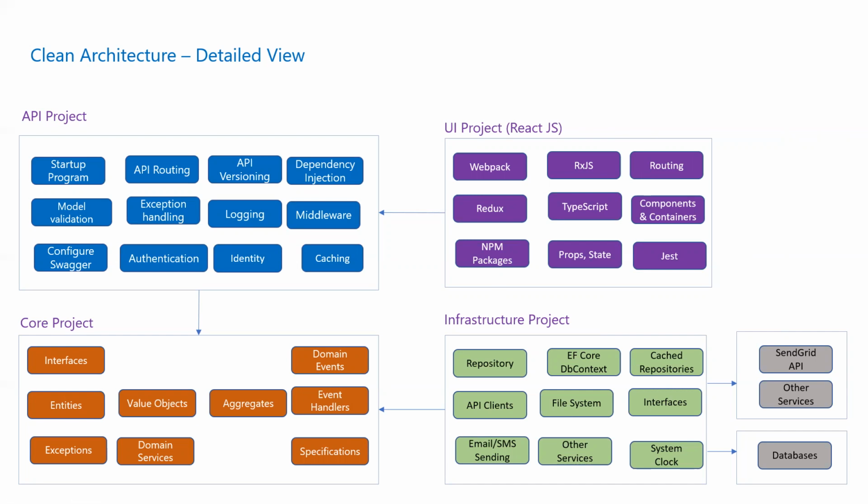Redux for the state management, TypeScript to make sure we strictly follow the type notations, and the components and container part for managing the hierarchy of my layout, and all the external npm packages installed on the UI project, props and states, and test cases with Jest. So these are the high level components used in React.js.